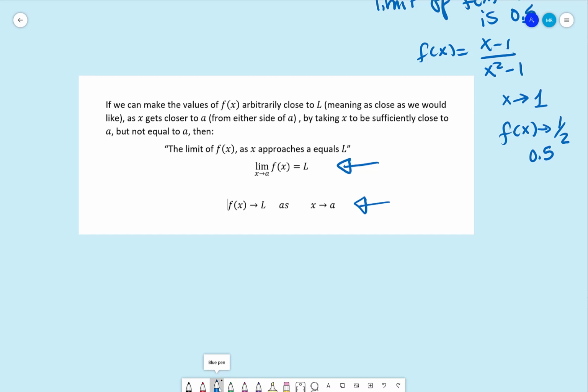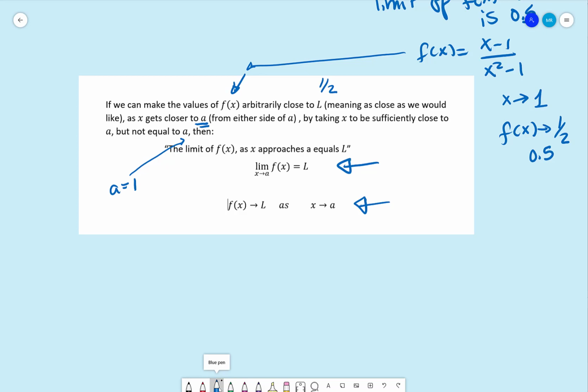So in this case, we're saying, as we make the values of f of x arbitrarily close to half. And when we say arbitrarily, what we mean is that we really could get as close as we want to the value half by taking x as close as we want to a, where a in this case is 1.